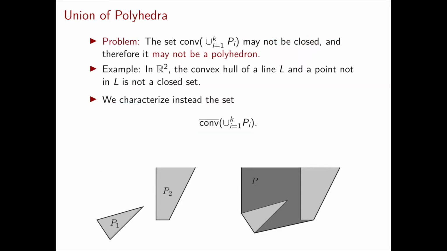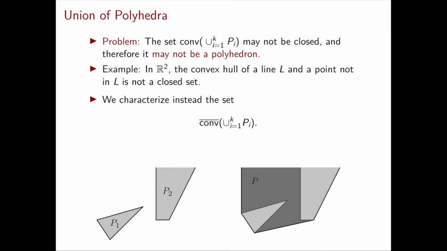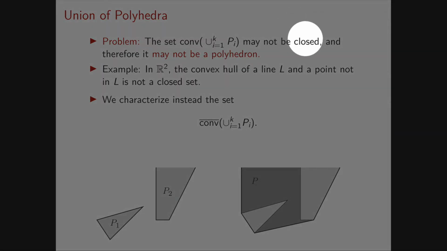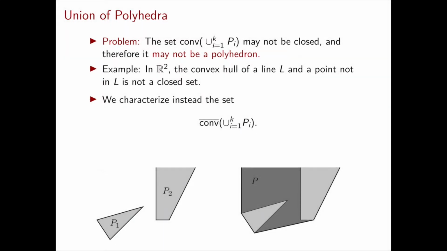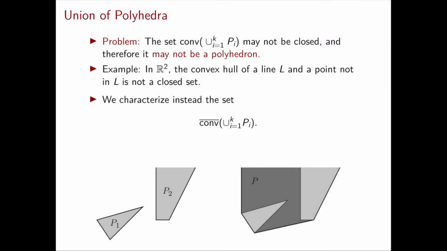So there's already immediately a problem that didn't appear in the bounded setting. In fact, here, in the general case, it can happen that the convex hull of all our polyhedra may not be closed. So in particular, of course, since every polyhedron is a closed set, this convex hull may not be a polyhedron at all.